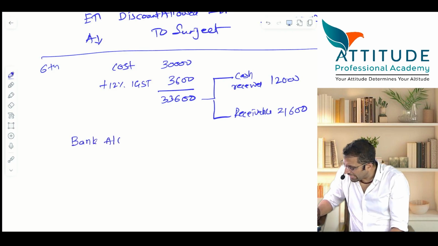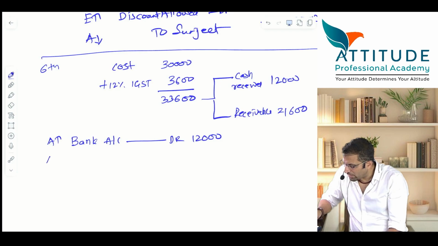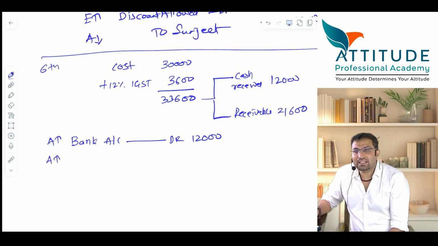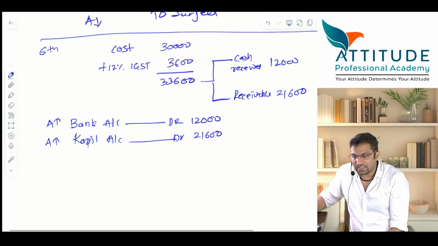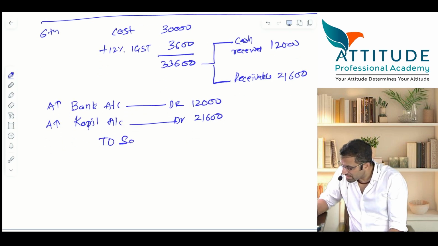Bank account debit, the money came, how much? Asset increases. Receivable account debit, debtors account, who is the debtor? Kapil Dev. Debit how much? 21,600, to sales 30,000 excluding GST, correct.